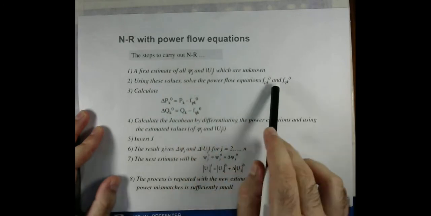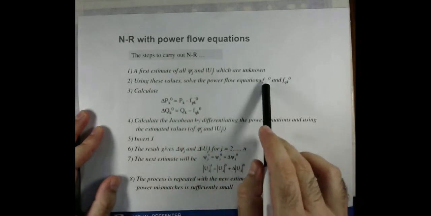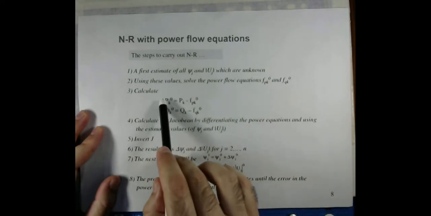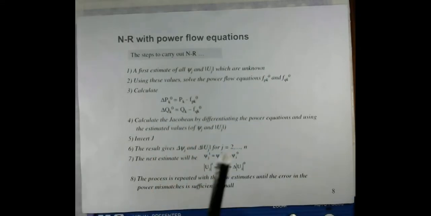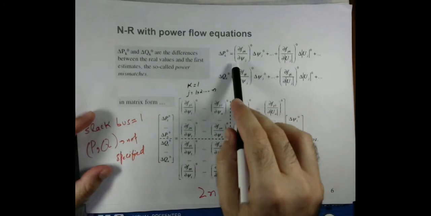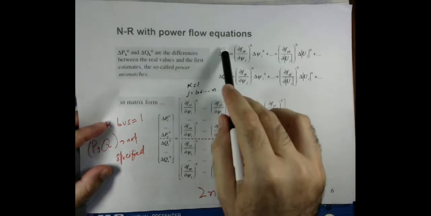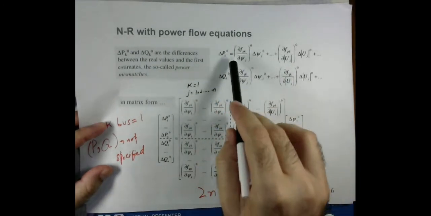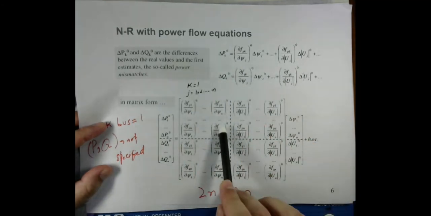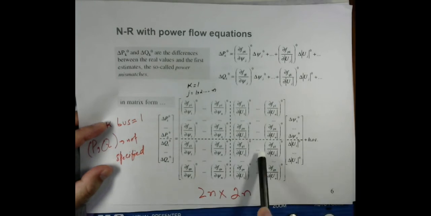So after calculating the active and reactive power using the initial guess, we calculate the power mismatches, and once we know the power mismatch, then we discussed it yesterday. Once we know the power mismatches, these are basically the expressions for the power mismatches. We write them in the Jacobian, in the matrix form.